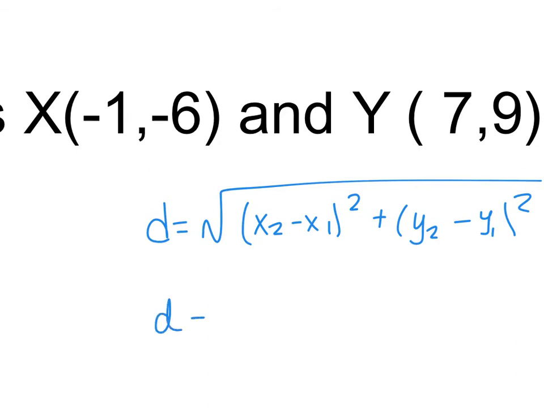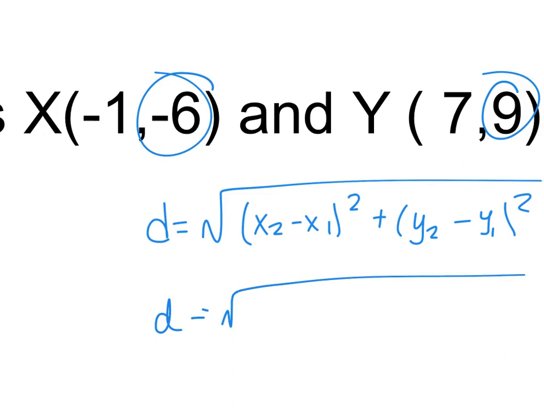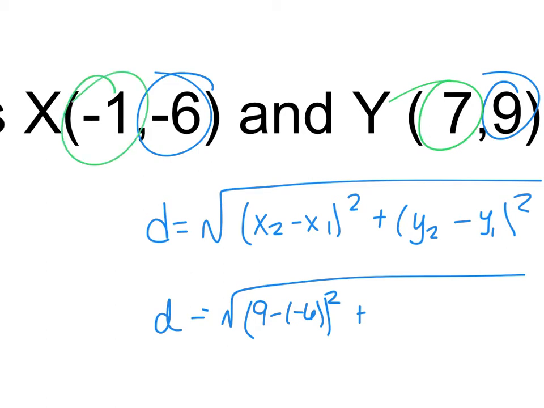So I have D equals my x2 of 9 and my x1 of -6. So I have 9 minus a -6, all in parentheses, plus 7 minus a -1.